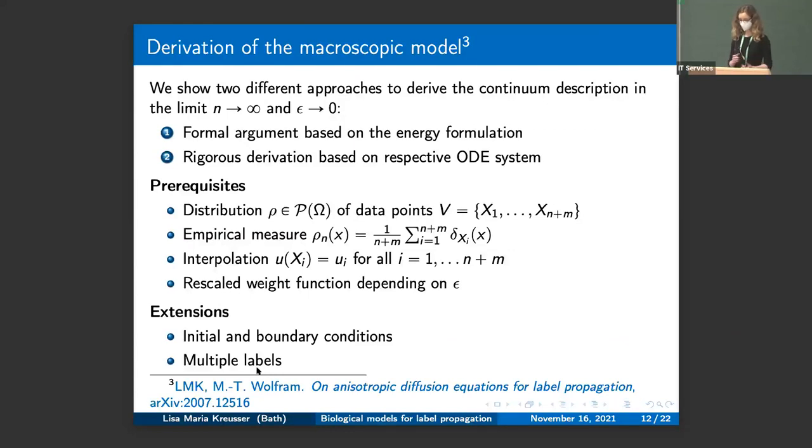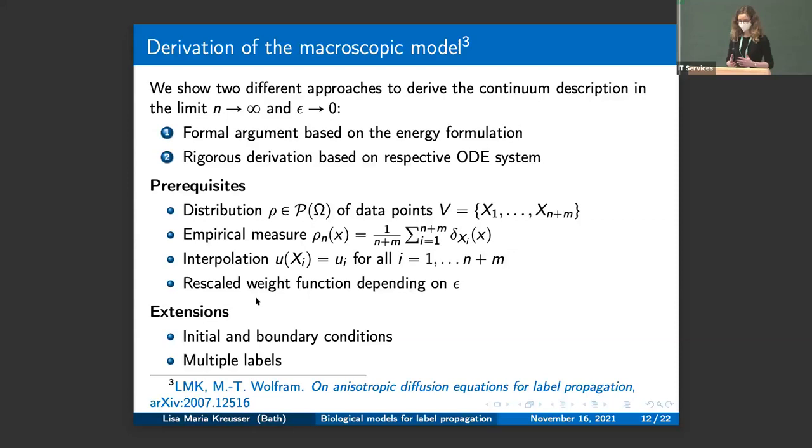Then we introduce the associated empirical measure, and we also considered an interpolation of this function u, because initially it was only known on those specific data points, whereas now in the limit we would require a formulation on the entire domain, and this requires some kind of interpolation on those points where there's no data point. And of course, we also need to scale everything accordingly, depending on how epsilon shrinks.